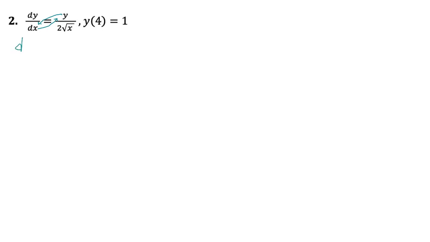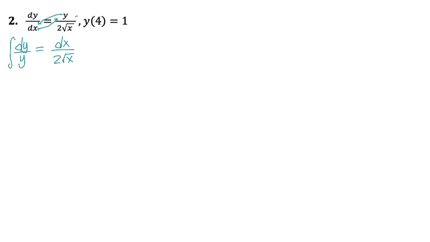So I have dy over y equals dx over 2 root x. Is that okay? Now look at that for just a moment. Make sure. What do we do next? We have this separated, then we integrate.